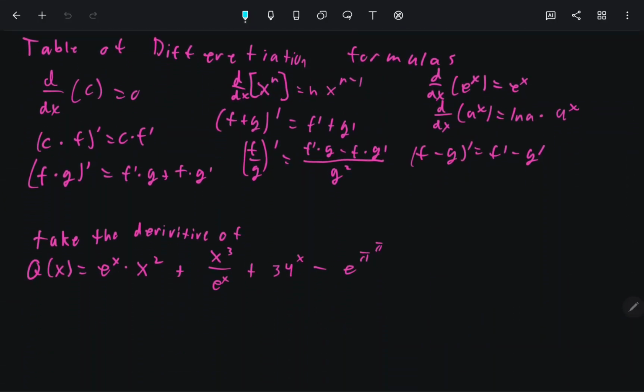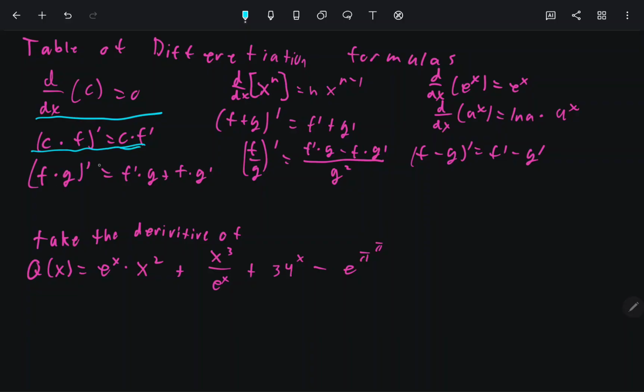Continuing on, this is just a table of all of our differentiation formulas, and I have a problem that I'd like to work. So we have the derivative of a constant is 0. We have a c times f, and you take the derivative of that, that's just c times f prime.